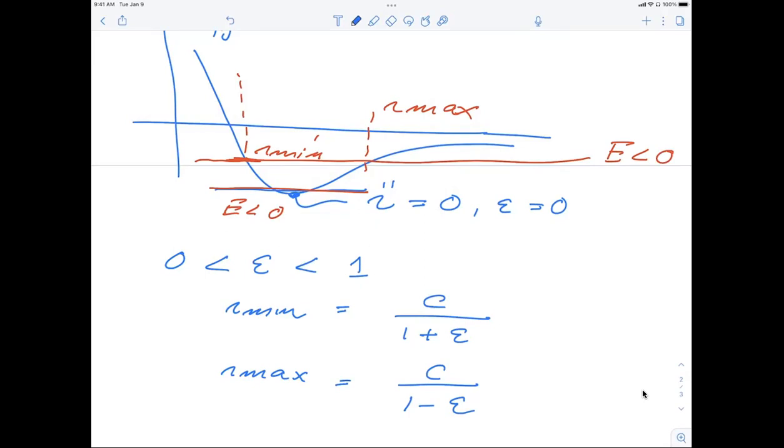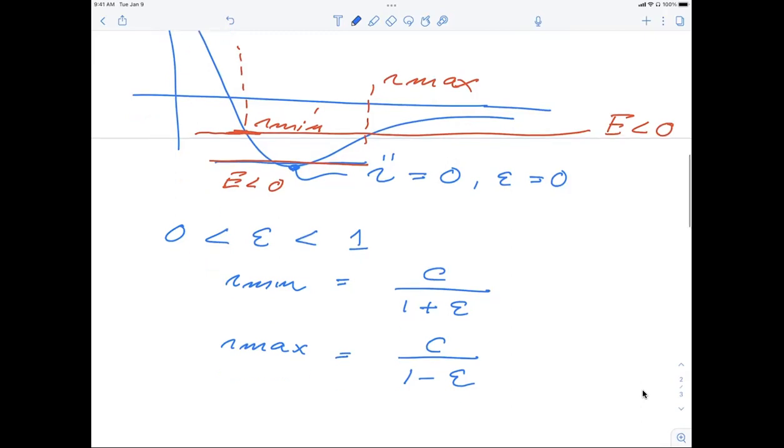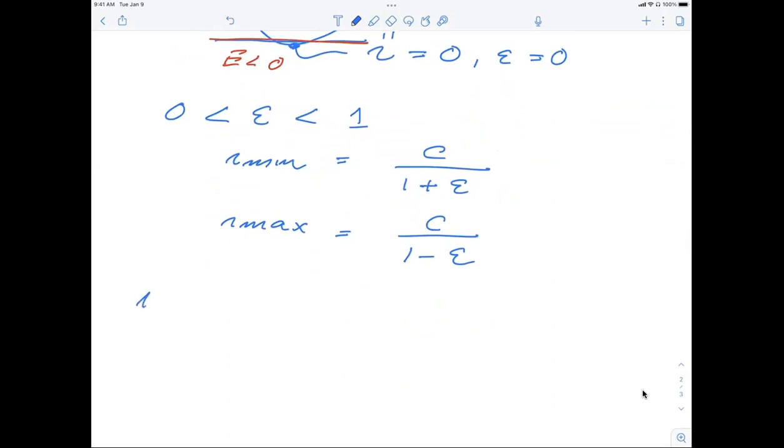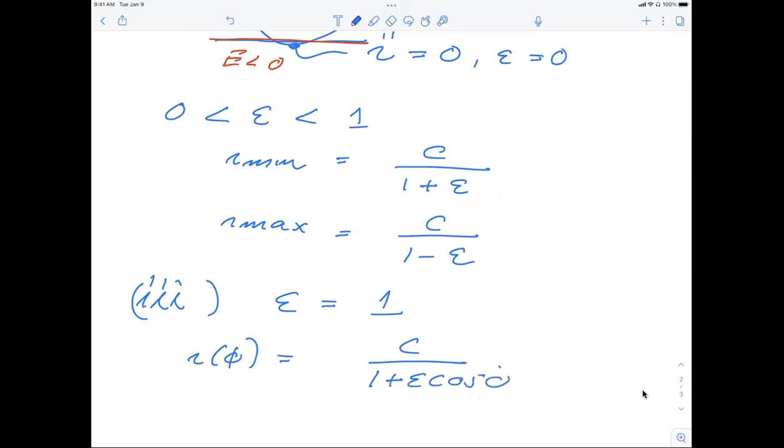Okay, so let's bring back the type of orbits. When we now go to case 3, we're just going to repeat what we did in the case of a circle and an ellipse, and simply plug in the expression. So what we have is that r of phi is equal to c divided by 1 plus epsilon cosine phi.